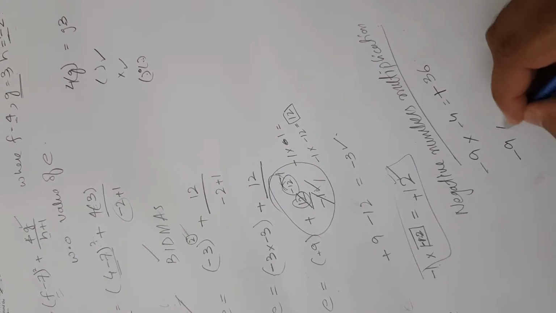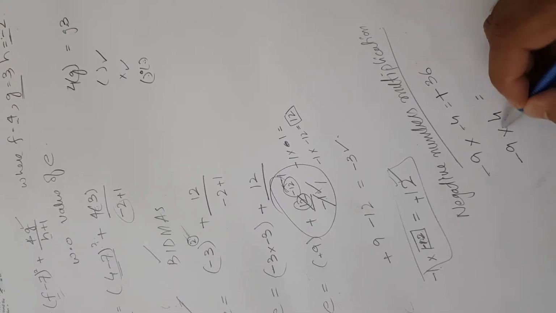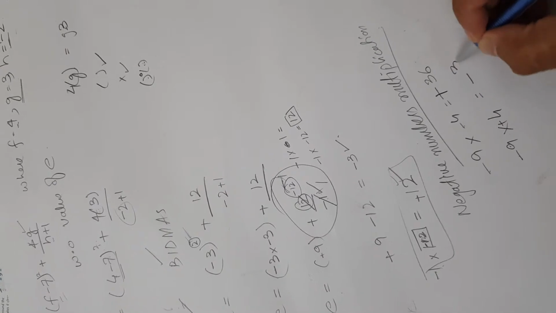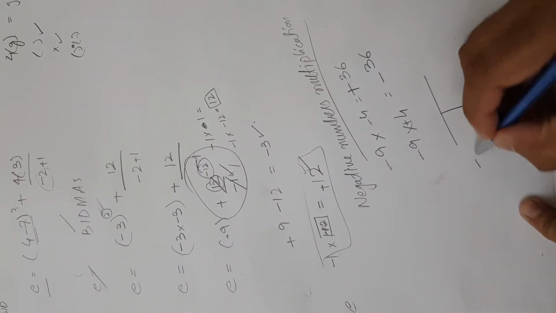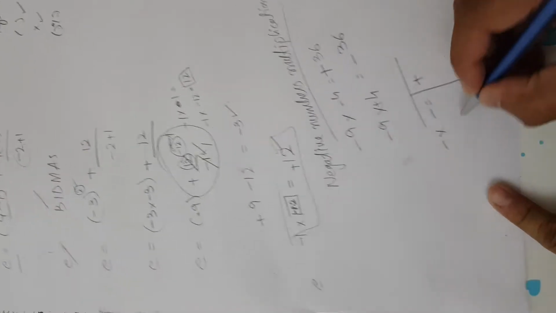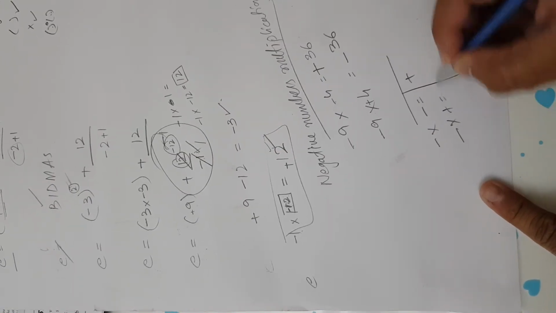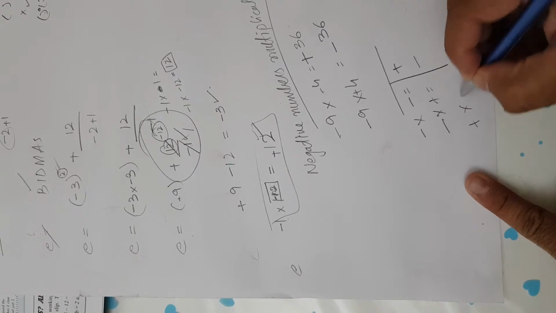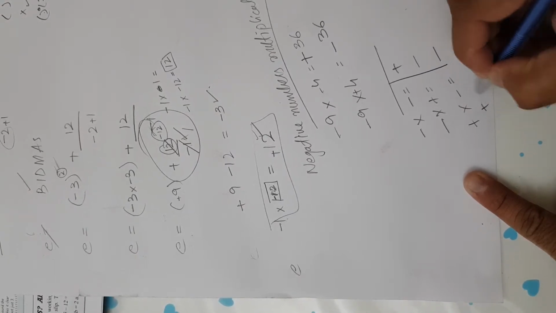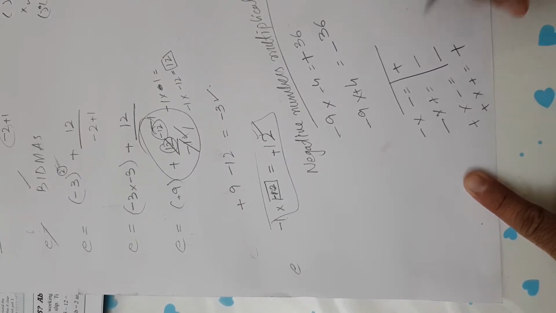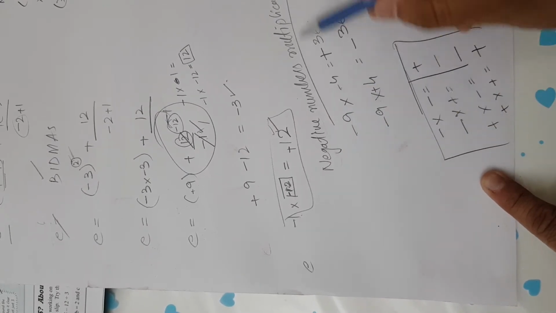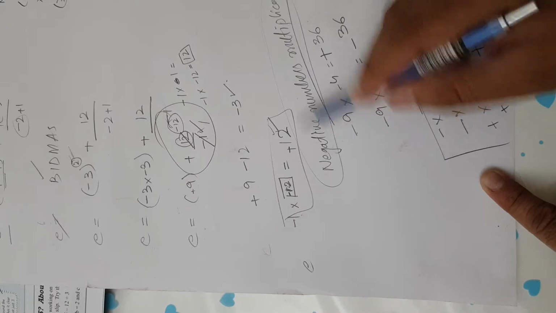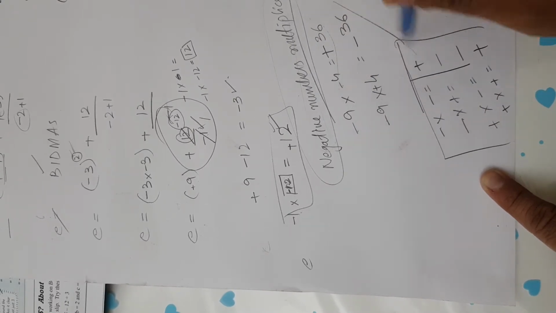And negative 9 times 4: negative into positive is negative, and 9 times 4 is 36. So you should know this standard. Negative into negative is equal to positive. Negative into positive is equal to negative. Positive into negative is equal to negative. Positive into positive is equal to positive. Remember that if you are skilled with this part, this skill is very easy. This is everything about it.